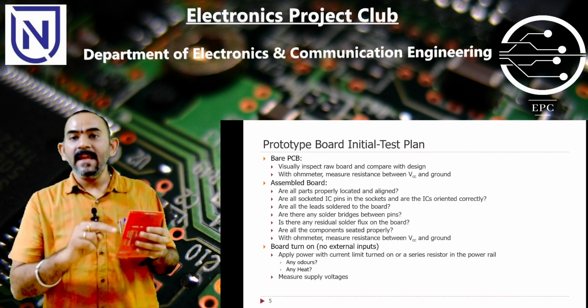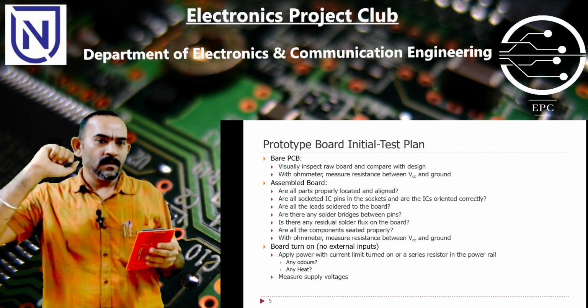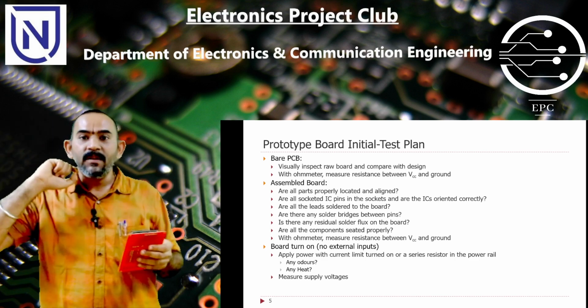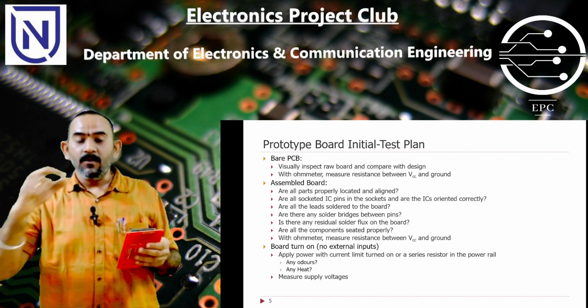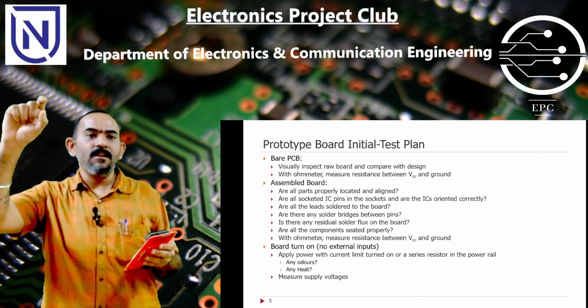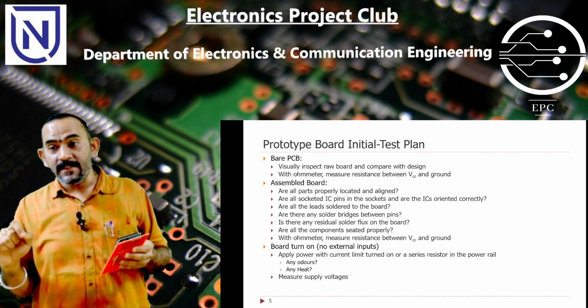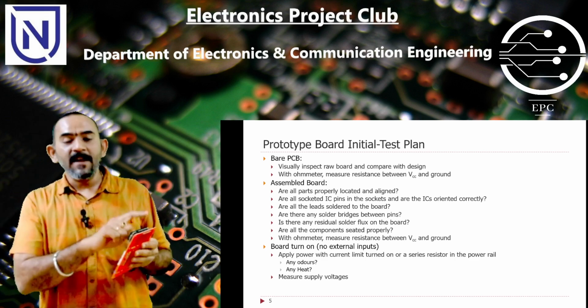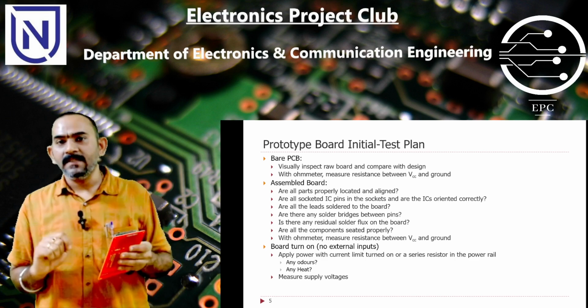Once you finish all these steps, you again measure the resistance between VCC and ground. For the bare board you got infinity. Once you place all the components, it will be a finite value resistance, and that value depends on how much load is there on the VCC pin as well as ground.